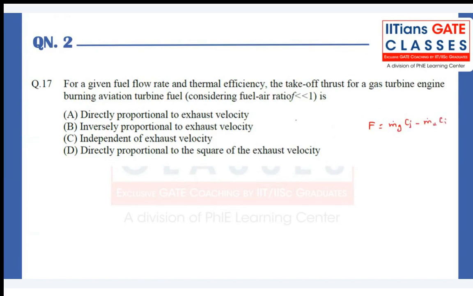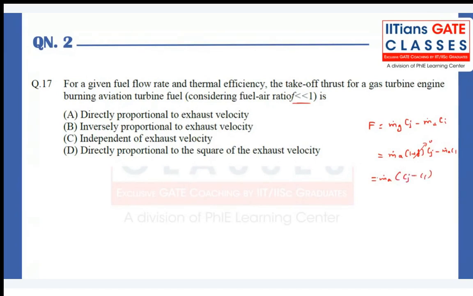And they asked you to consider fuel to air ratio to be very, very small. So this can be written as mass flow rate of air times (1 plus F) times Cj minus mass flow rate of air times Ci. If I take mass flow rate of air common and consider F to be very, very small, neglecting this part, this comes out to be Cj minus Ci.